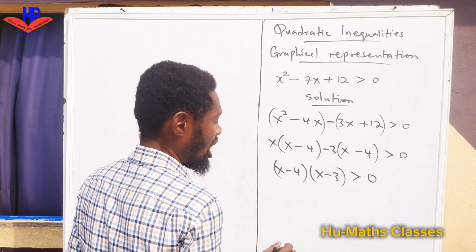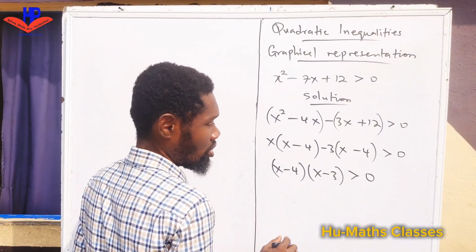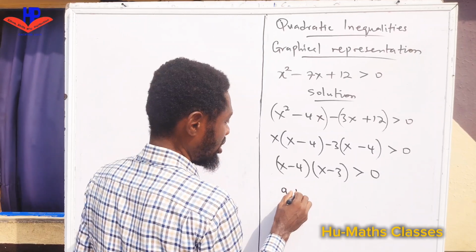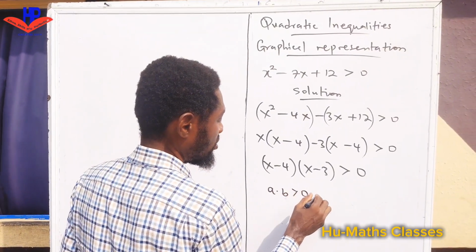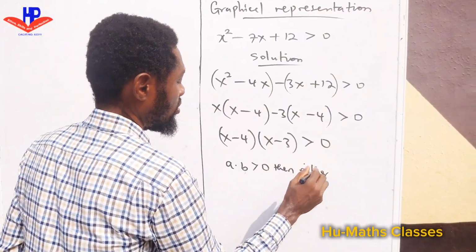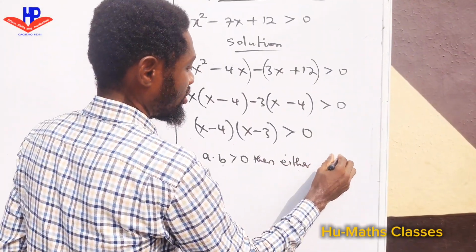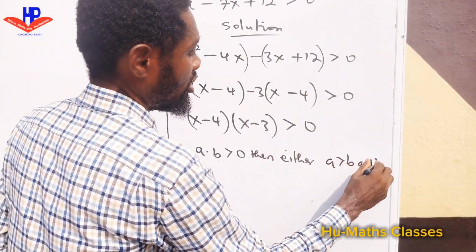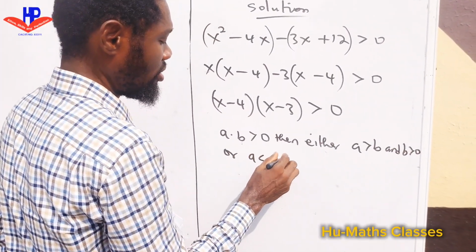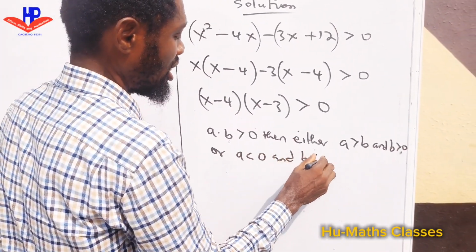So we are going to apply the rule. The rule states that if a times b is greater than 0, then either a is greater than 0 and b is greater than 0, or a is less than 0 and b is less than 0.